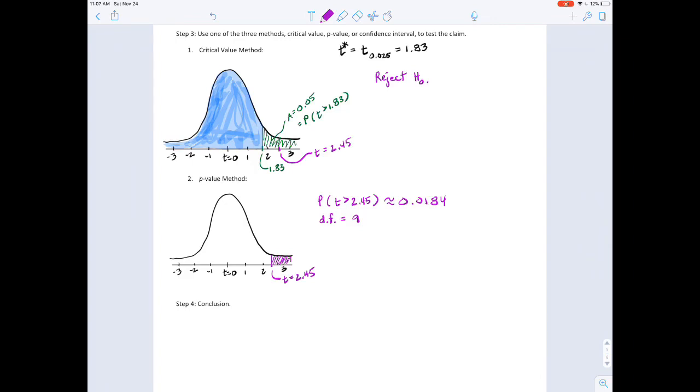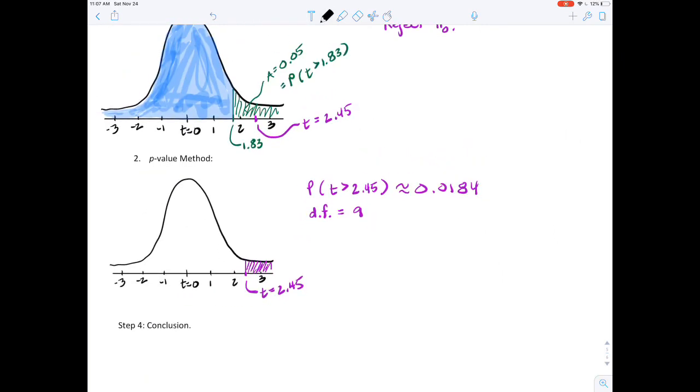Now remember our alpha level, remember that alpha is equal to 0.05. So since 0.0184 is less than 0.05, we reject the null.